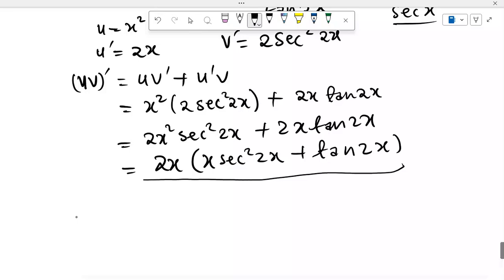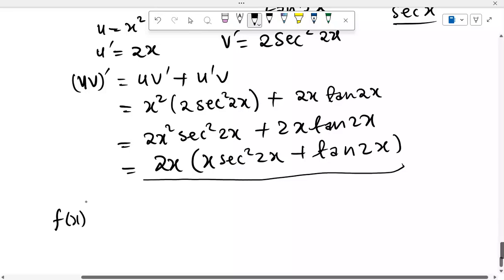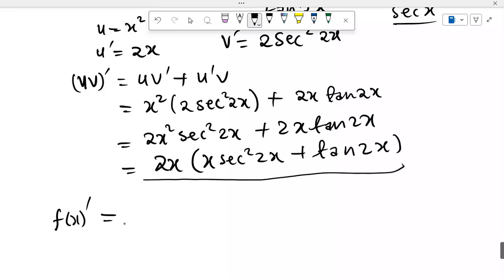So when you write your final answer, you just need to put f of x prime. I explained in my first video that this means differentiation or dy dx.